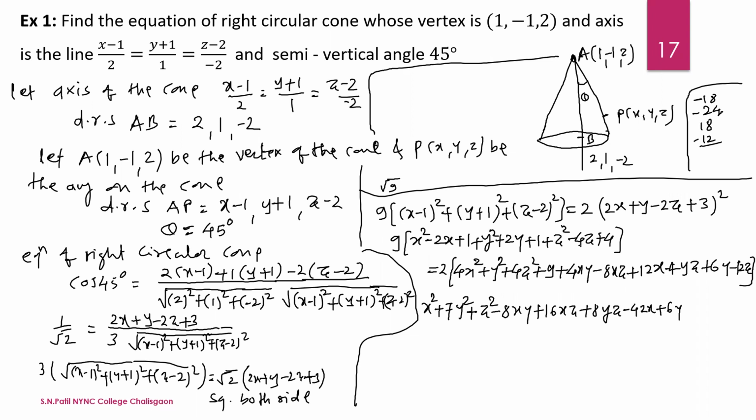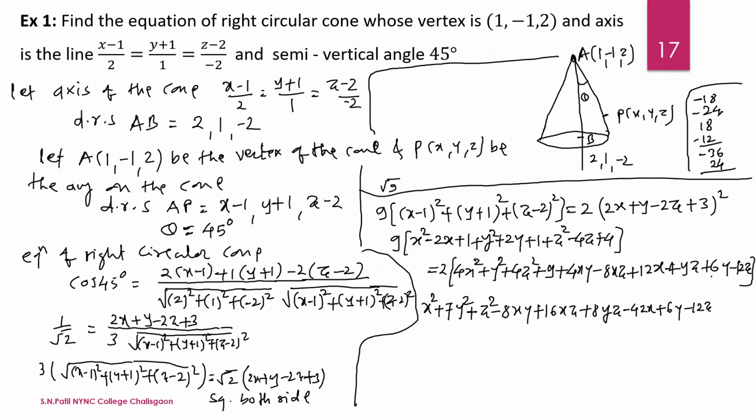Now here minus 4 into 9 is minus 36, and here 12, and this 2 minus 24, minus 24, it becomes plus 24. 24 minus 36 and plus 12, that is minus 12z.